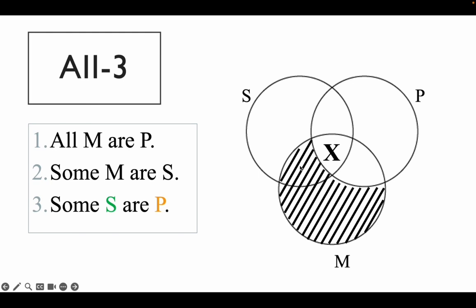So nothing goes there. So I'm obligated to put the X right there between S and M. It's the only place. Okay? And as a result, you further notice that the conclusion happens to be diagrammed as a result. Some S are P. Right? Some S are P. So AII3 is valid, always.